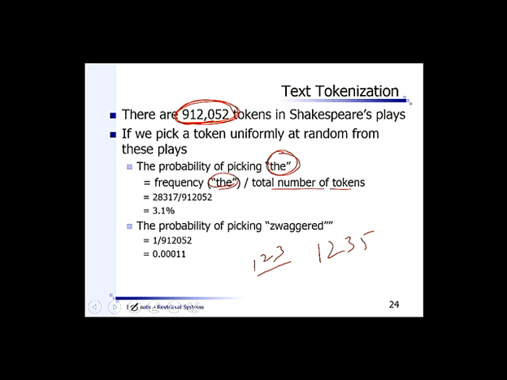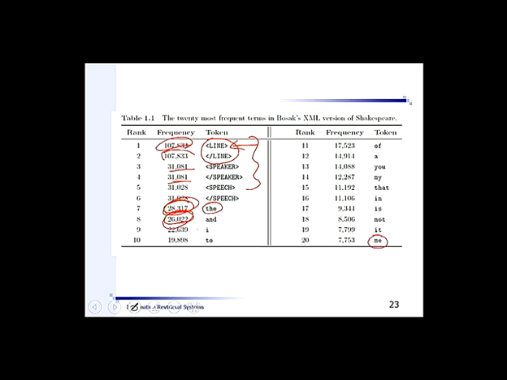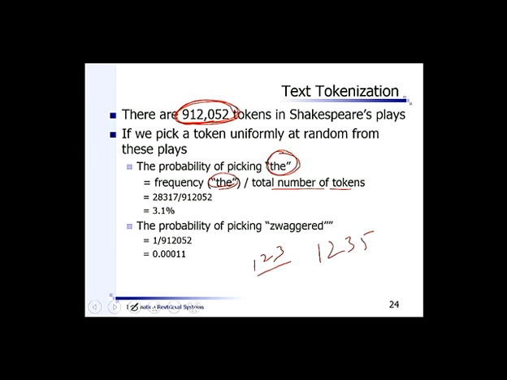It makes sense, right? The frequency we have just seen in the previous slide, the frequency of the is 28,317, and the total number of tokens is 912,052.